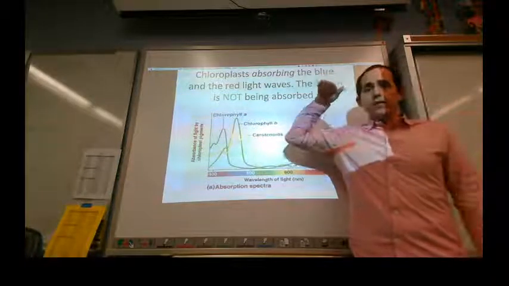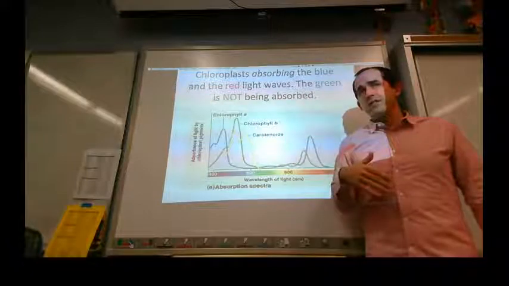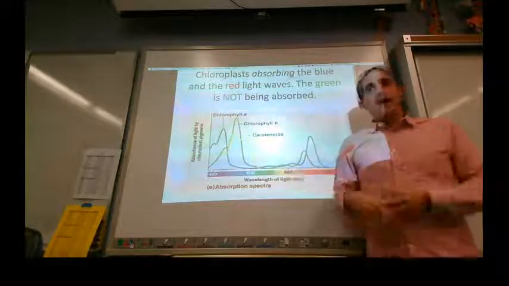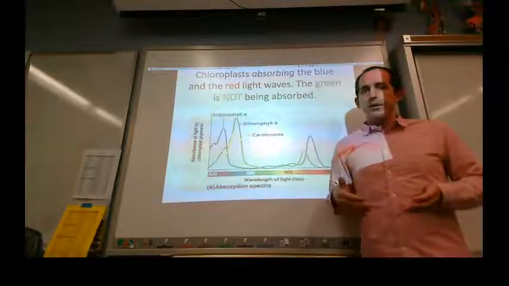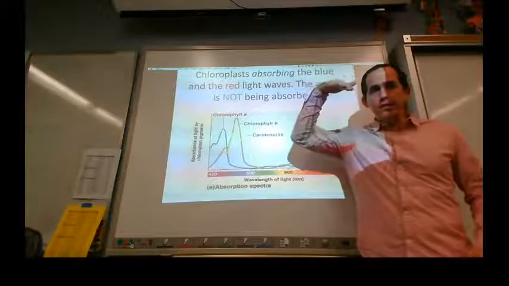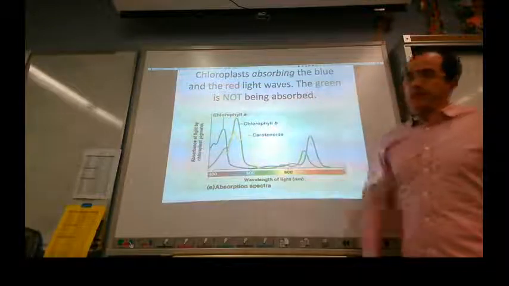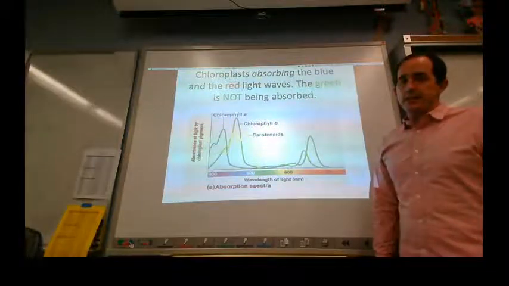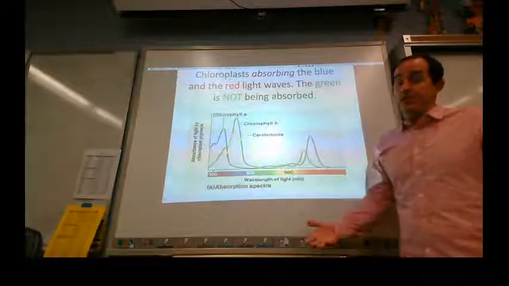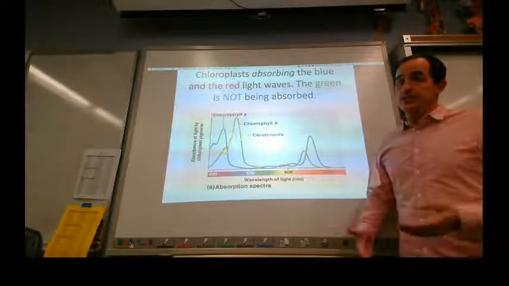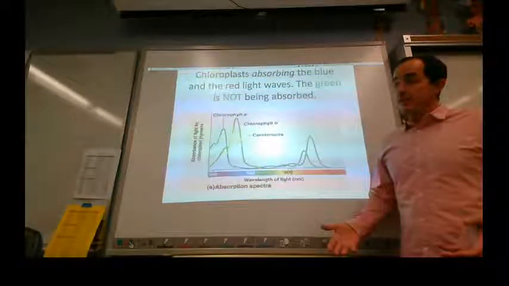The amount of energy that's coming from the sun during the fall is much less than in the spring and summer, because of the angle of the sun. So there's no need to have chlorophyll A and chlorophyll B working, so plants are going to rely on these accessory pigments, these carotenoids, and that's why we see color changes in the leaves of the plants that we have.